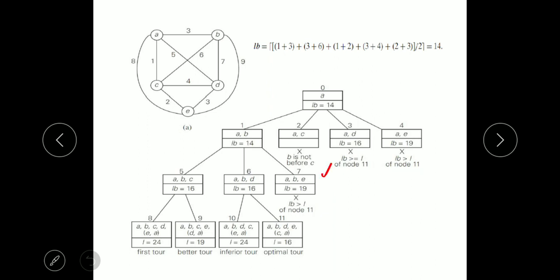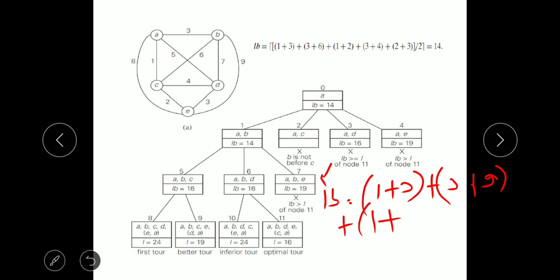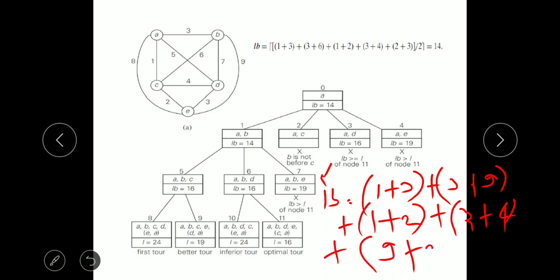Coming on to the third set here, we are trying to include an edge A to B and B to E in the Hamiltonian cycle. So the lower bound that we obtain here is 1 plus 3 plus 3 plus 9 plus 1 plus 2 plus 3 plus 4 plus 9 plus 2.